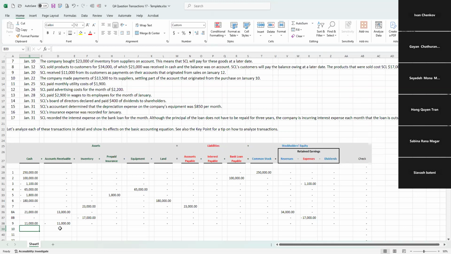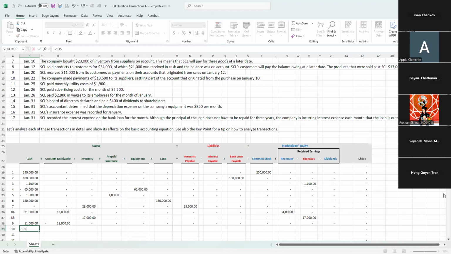Make sense? How much did we pay? 13,500. What's going to happen with our cash? Decrease. Minus 13,500. Nothing here, nothing here.